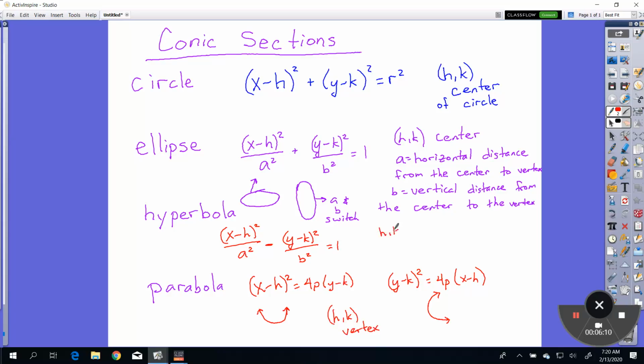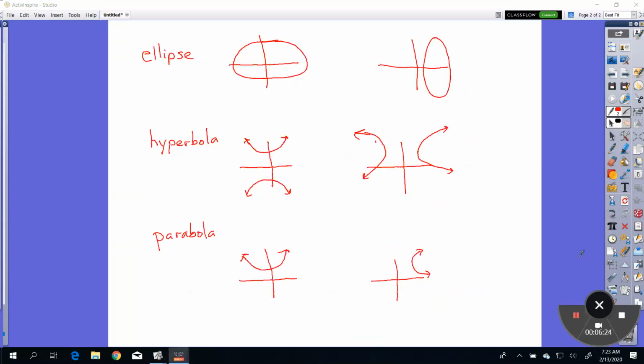Same on the hyperbola, h, k is still the center. So the hyperbola is the same as the ellipse. So on the ellipse, it doesn't matter which one goes first or not. On the hyperbola, it does because this is like a sideways one versus an up and down one. So on the hyperbola, if it opens sideways, like this one, the x goes first.